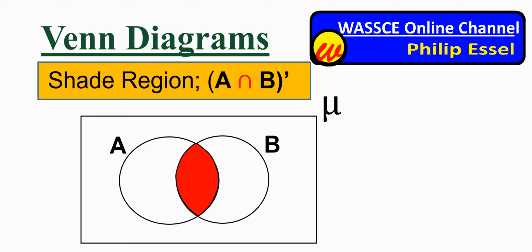This region is our A intersection B. But of course, this region is not the same as A intersection B complement. For us to find the complement of this region, we will need to shade the entire region under the universal set without touching the region painted red, which is A intersection B. So let's quickly do that.